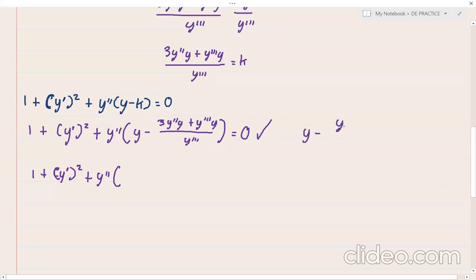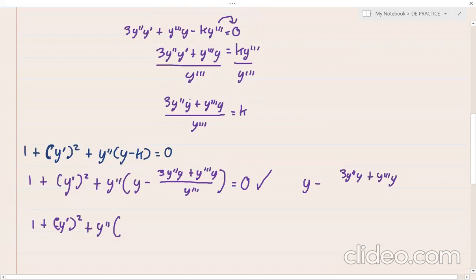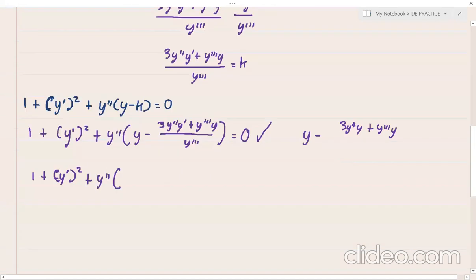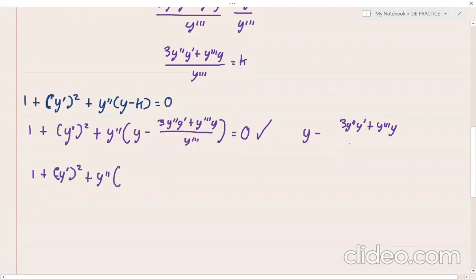Y minus 3 times y second prime times y prime plus y third prime times y. Sorry, y prime pala to, guys. Y prime. Okay? So that's it. So yan na. So 3 times y second prime times y prime all over y third prime.